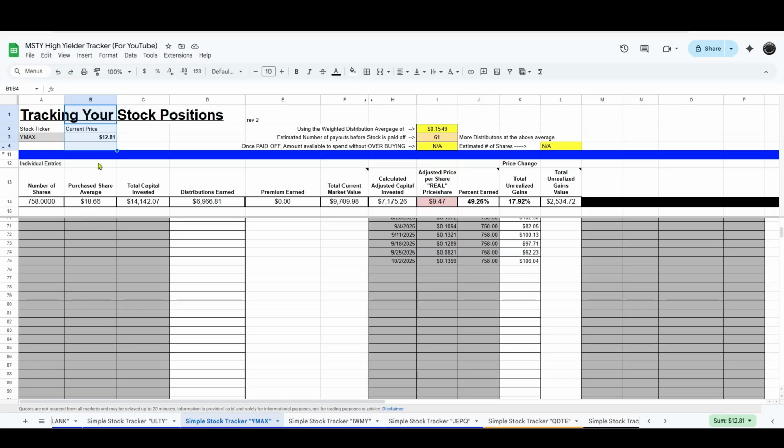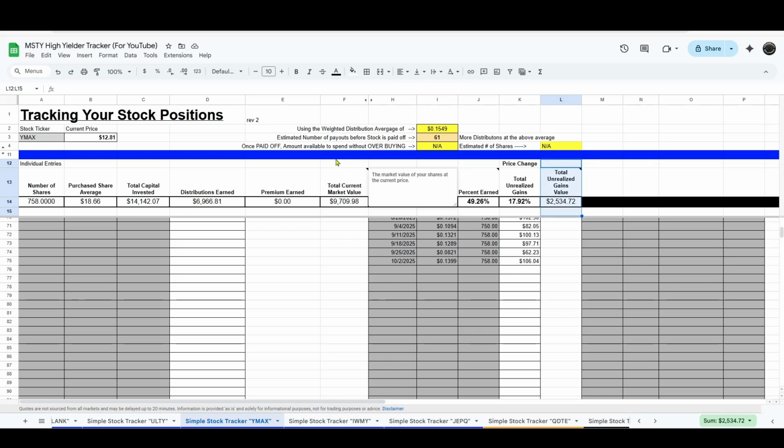It will lower it because you are purchasing below that price. But, okay, big but here, it will raise your real price per share because it is at $9.47, which is under the current price per share. Therefore, when you purchase at 12 and your average or your real price per share average is at 9, it's going to go up, right?